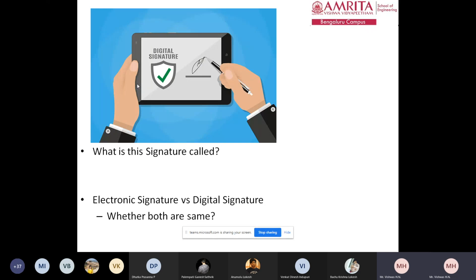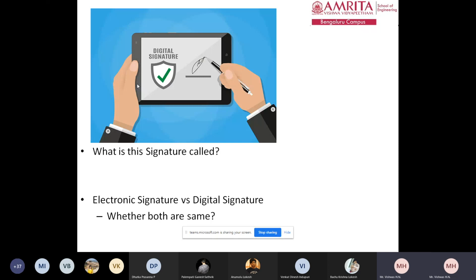What is this signature called basically? You are seeing a signature, right? Where you can write with your hand or with a stylus on a screen. What do you call that signature? Is it an electronic signature or a digital signature? Many of us have this confusion. What is the difference between an electronic signature and a digital signature?